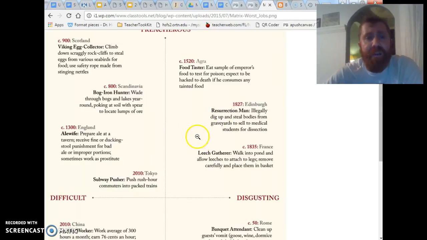So for instance, if a particular term was an example of how geography played a major role, then obviously it would go above the x-axis. It would go somewhere in one of these two quadrants.